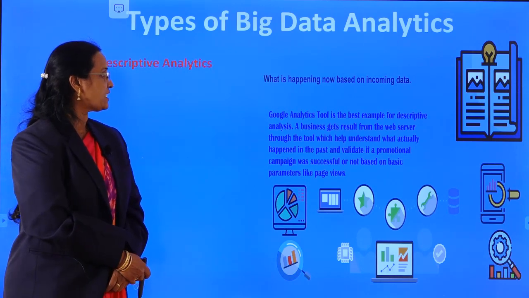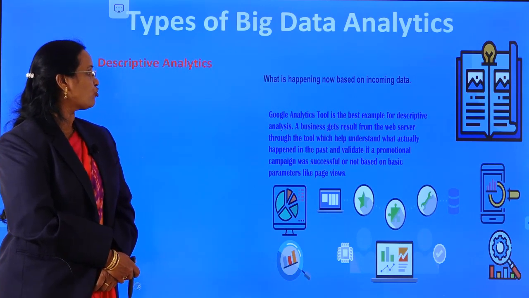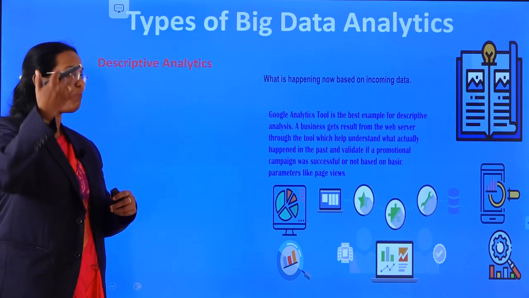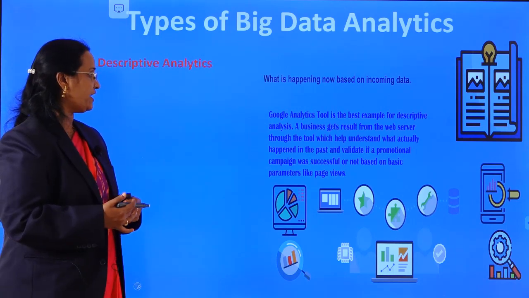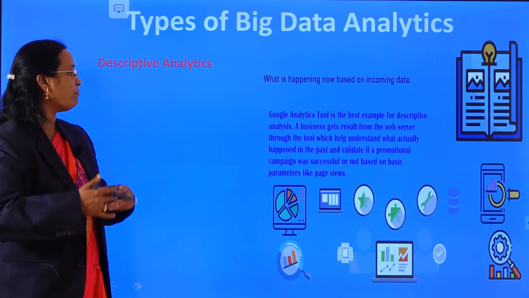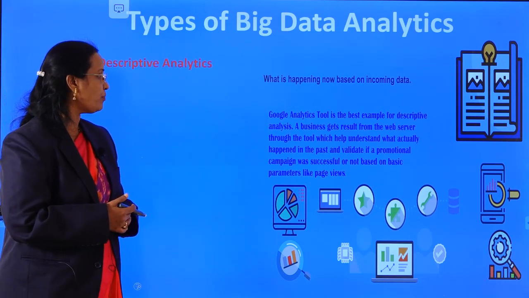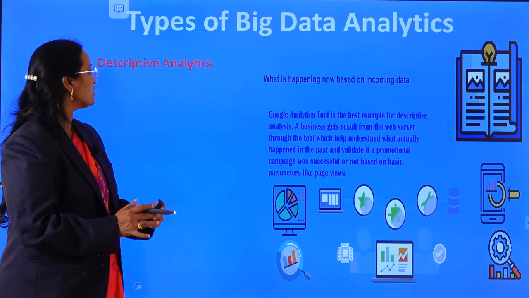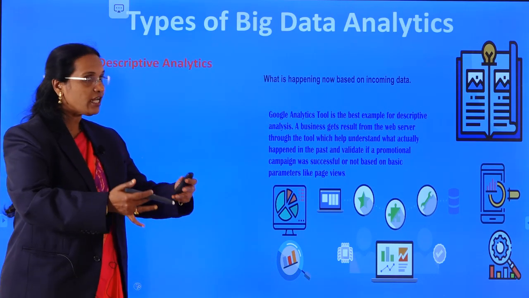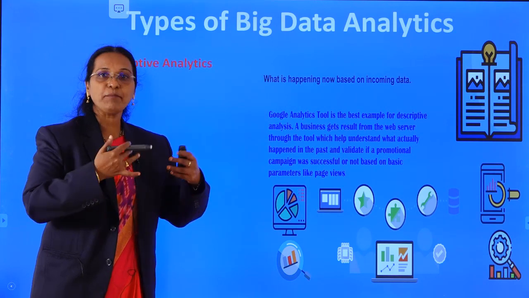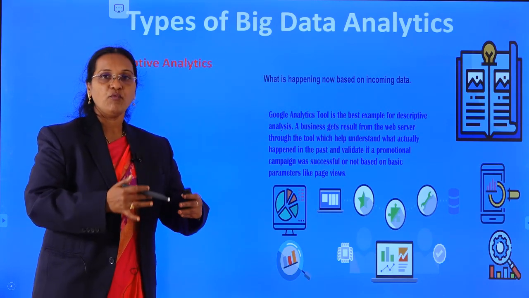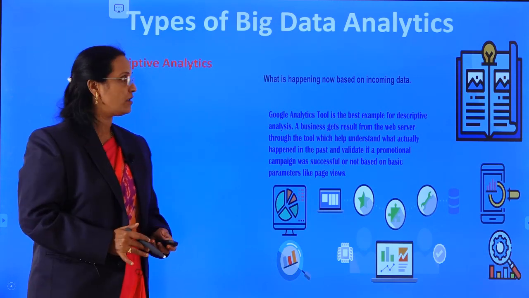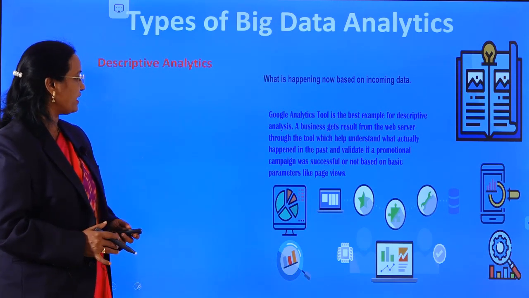A business gets results from the web server through the tool, which helps understand what actually happened in the past and validate if a promotional campaign was successful or not based on basic parameters like page views. So it shows, based on the incoming data, what campaign has been conducted, whether it was a success or a failure.